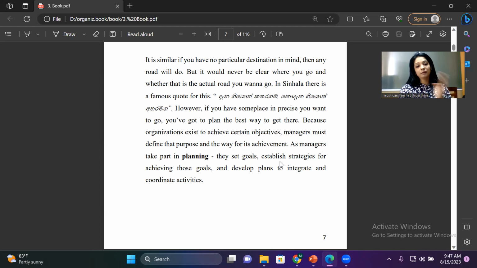If you can see here, it says: if you do not know what is to be achieved, how to achieve it, and especially what to achieve, first of all you want to know what you are going to achieve. Without knowing that, you cannot decide how you are going to achieve it. So maybe profitability, maybe demand maximization, or maybe welfare, whatever your goal and objective, it should be very specifically clear.